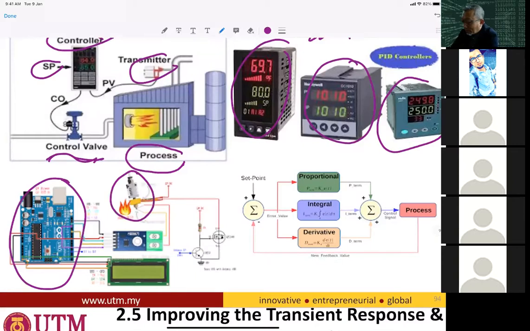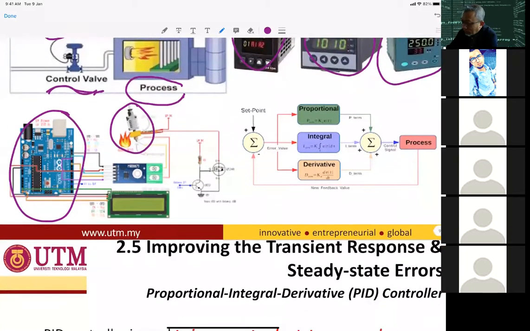So you must have a set point, and you must have the process variables, and the CO. Proportional stands for the Kp, the gain.